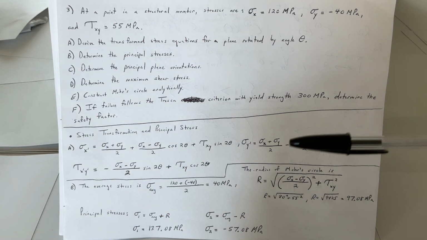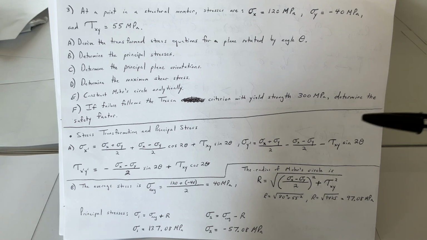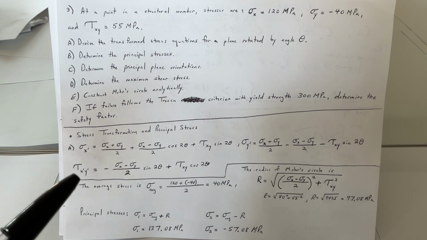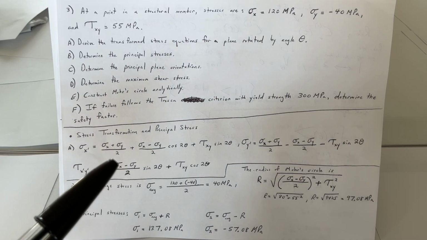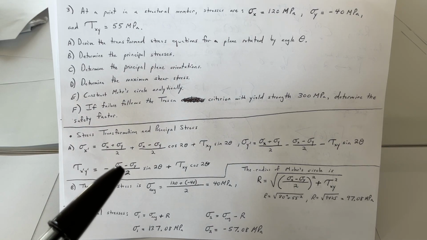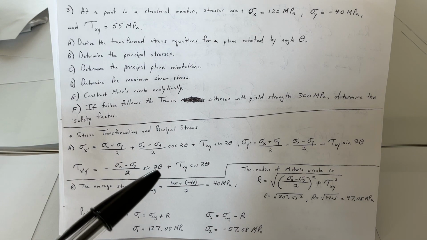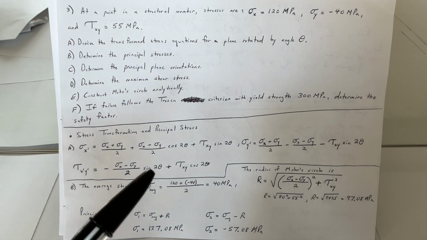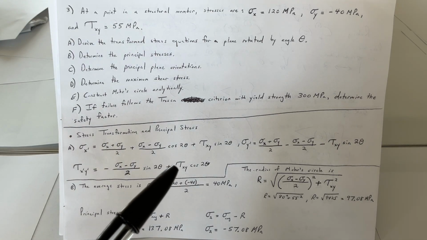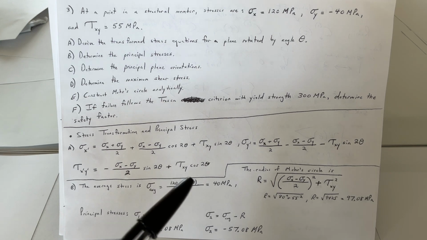And sigma sub y prime equals sigma sub x plus sigma sub y over 2 minus sigma sub x minus sigma sub y over 2 minus tau sub xy sine of 2 theta. And tau sub x prime y prime equals negative this quantity sigma sub x minus sigma sub y divided by 2, sine of 2 theta plus tau sub xy cosine 2 theta.